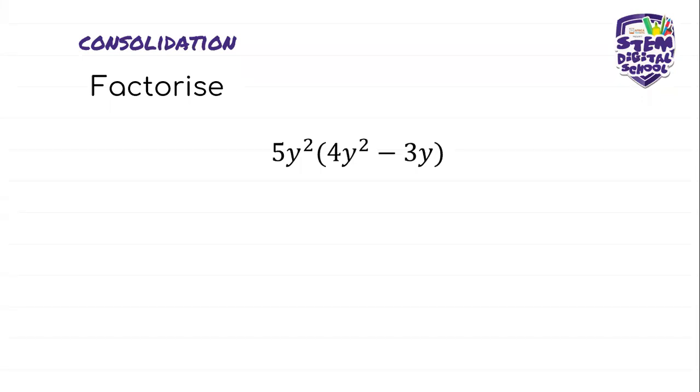Multiply out the bracket and thereafter factorize. 5y squared into 4y squared minus 3y. Can we factorize this? But before we do that, let's expand it.